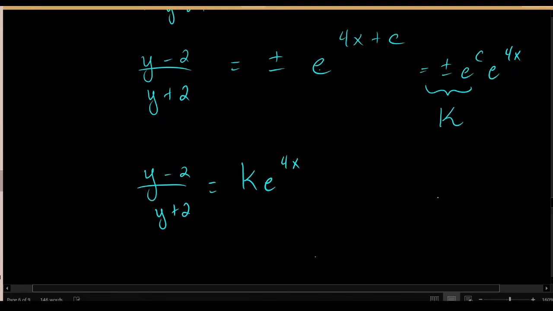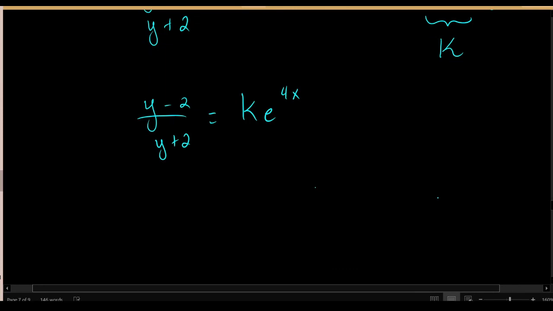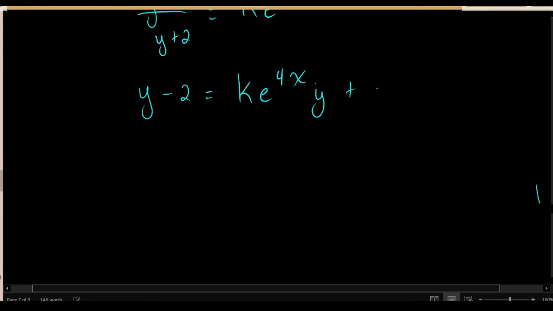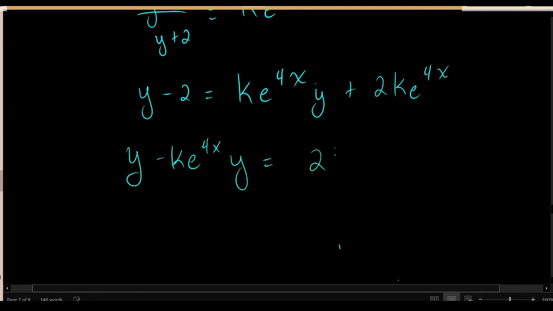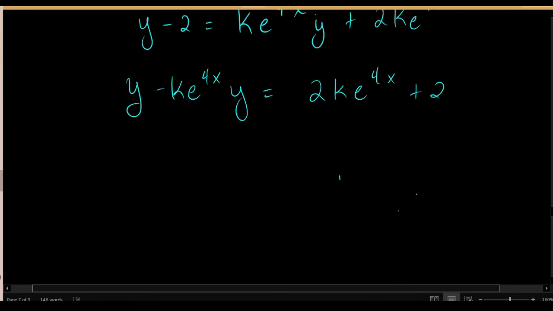So now all that's left is algebra really. Let's go ahead and clear these fractions. Let's go ahead and gather all the terms containing y, isolate all the terms that don't contain y, and then factor and divide.